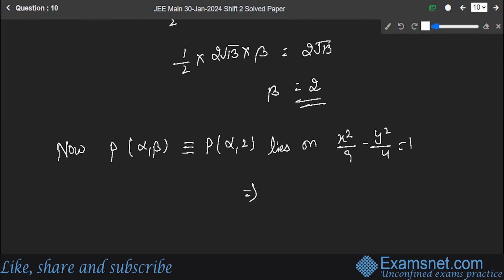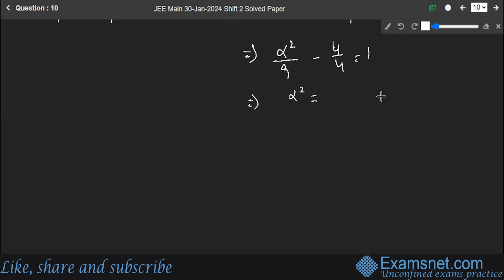So that means you have alpha square by 9 minus 4 upon 4 is equal to 1. So you will have alpha square is equal to 1 plus 1, 2, onto 9. This will be equal to 18, right? So alpha will be equal to 3 root 2.